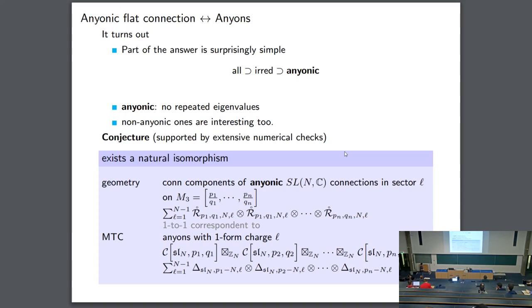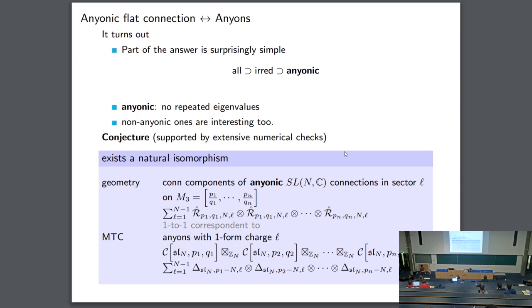After lots of manipulations and tons of numerical checks, we arrived at this conjecture, which basically says there's a large part of these flat connections that's very easy to understand. Excluding some special cases, where the eigenvalues of the matrix could be repeated, you forget about them. It turns out the remaining cases have a very nice structure.